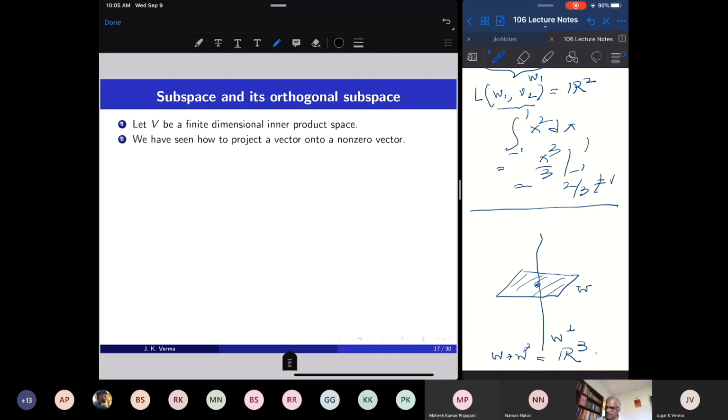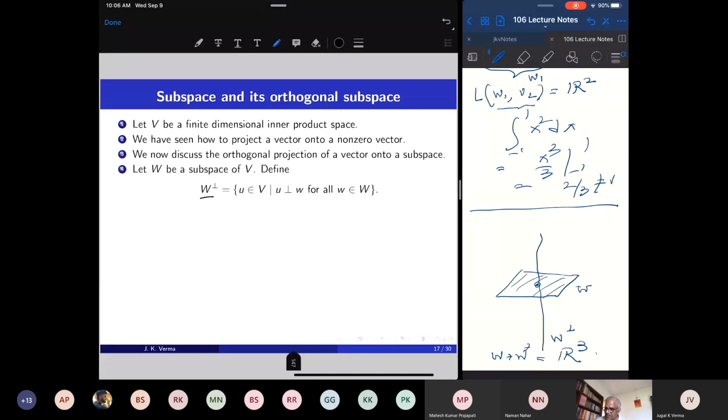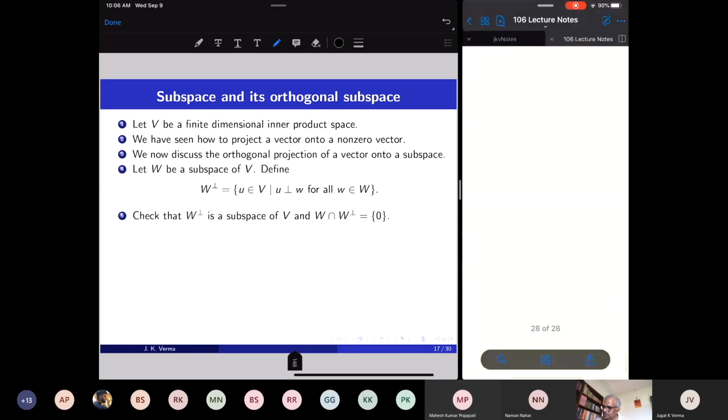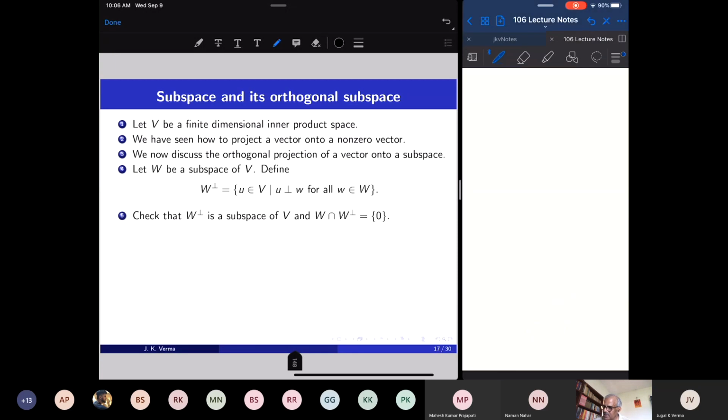So let W be a subspace of V, and look at W perp, which is all vectors in V which are perpendicular to every vector in W. First of all, W perp is a subspace of the same vector space.